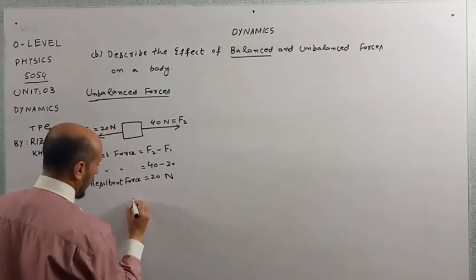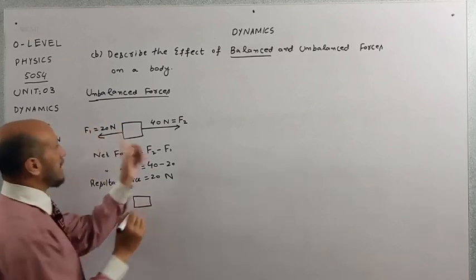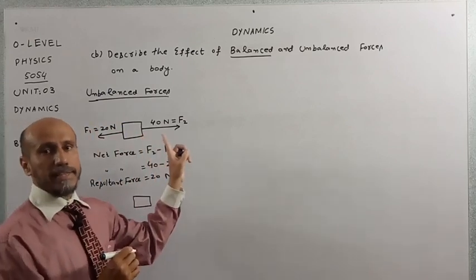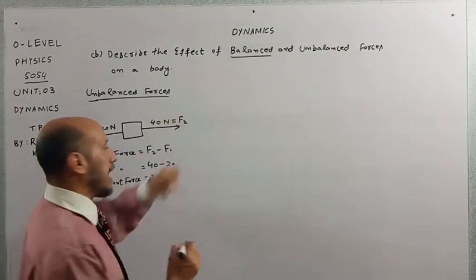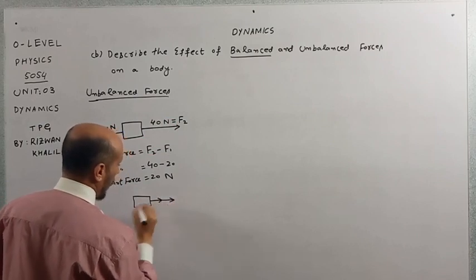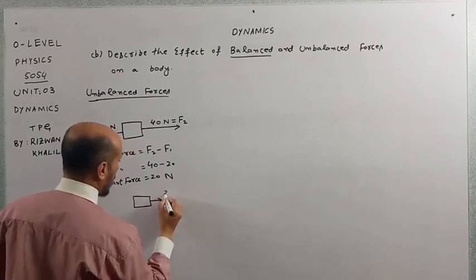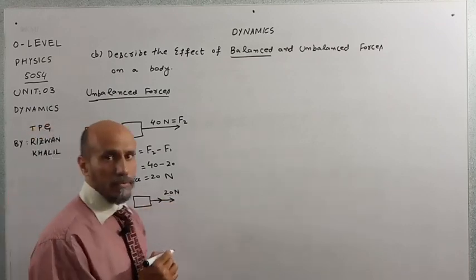So the net force or resultant force acting on the body is 20 Newton, and we will draw the net force or resultant force acting on the body towards which side? The larger force was acting on the right side, so definitely the body will move in the right direction. So we will draw the double arrow in order to show the resultant force acting on the body towards the right side.